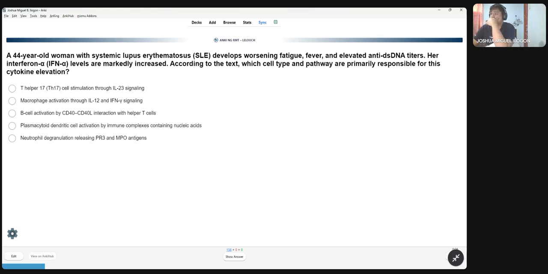Which type of interferon is the responsible cytokine? Oh, no, I don't want to go with this. I want to go with this one.